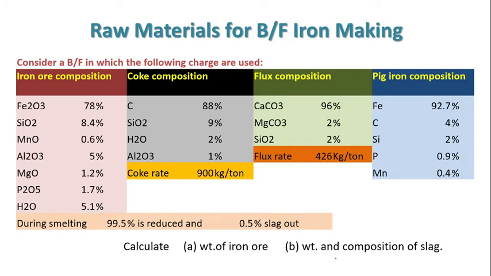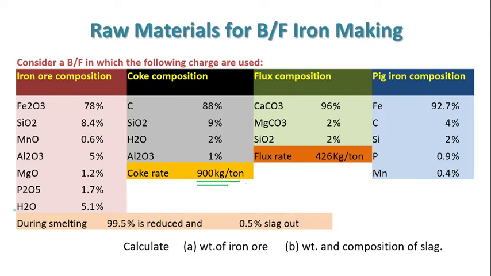The raw material analysis gives that the iron ore contains Fe2O3, that means it's a hematite ore, which contains about 78% Fe2O3 along with some amount of silica, that is 8.4%, and also MnO, Al2O3, MgO, P2O5, and some amount of moisture. And coke, which is a vital part of iron making, its rate is about 900 kg per ton in this case, which is much higher.